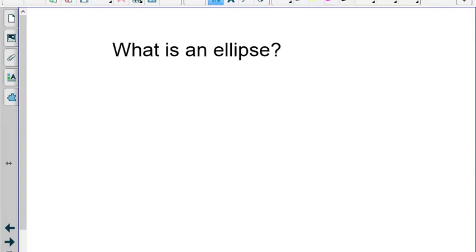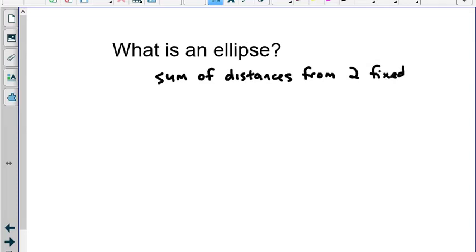The definition that we will use for an ellipse is that the sum of distances from two fixed points is constant.